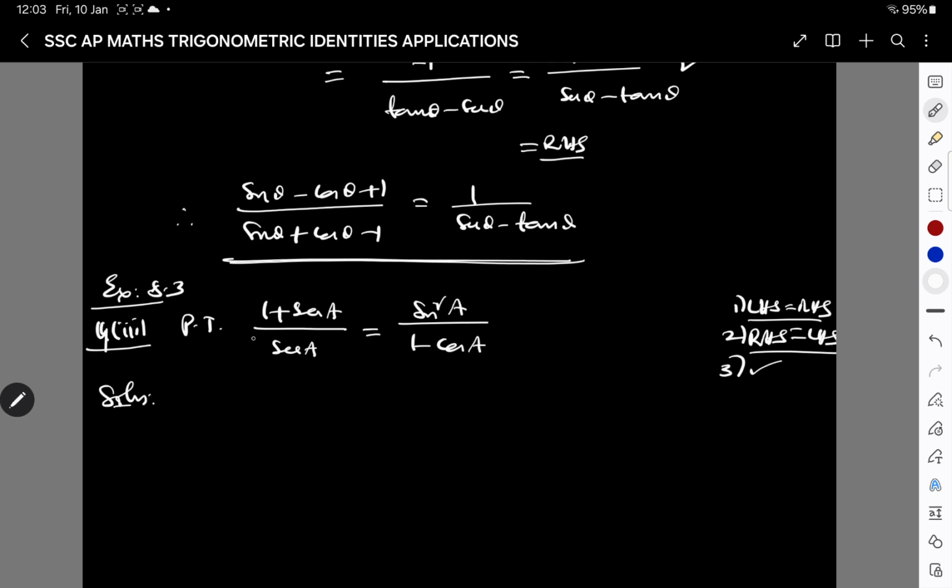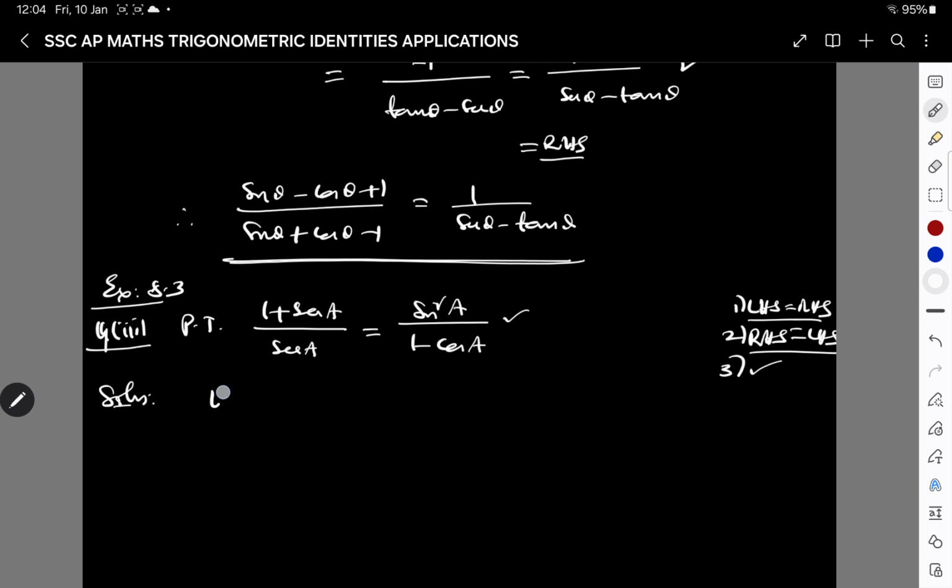Prove LHS is equal to some expression or some identity, RHS is equal to some expression. Then the expression obtained from LHS is equal to the expression found from RHS. If you are able to prove, then automatically LHS is equal to RHS. So let us try doing this, separately proving each to be equal to some expression.